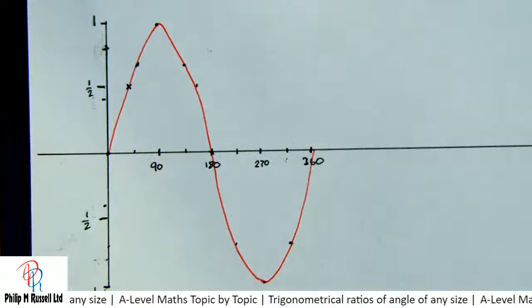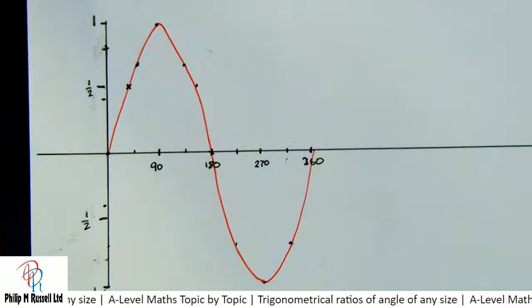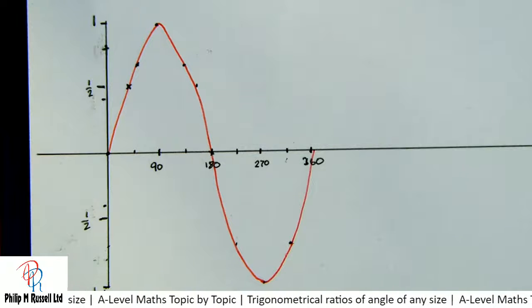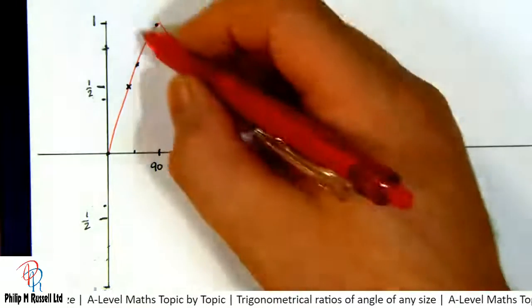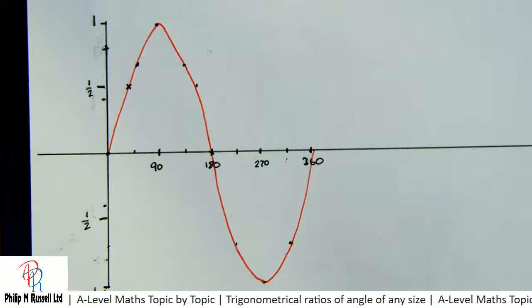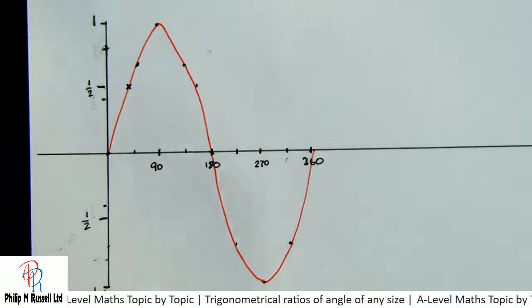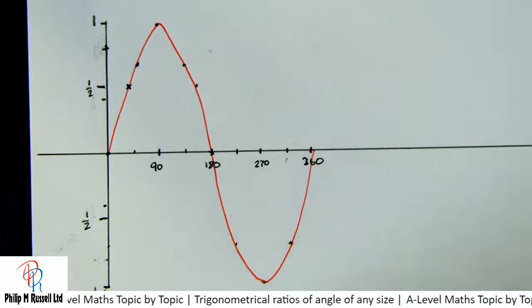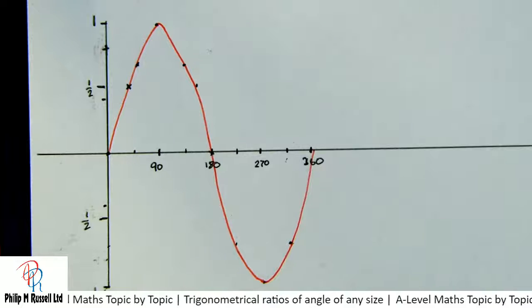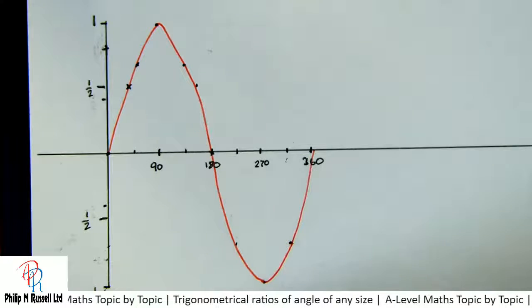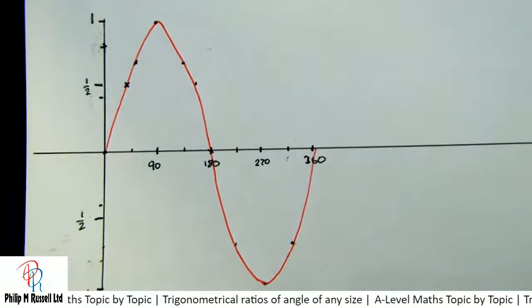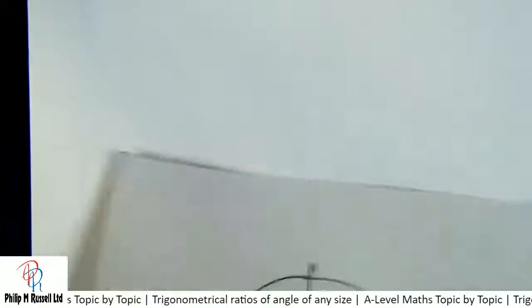And what we get, with my usual awful drawing, is the shape of a sine curve. We can do exactly the same thing with the cos, and I'm going to do this one quite quickly.